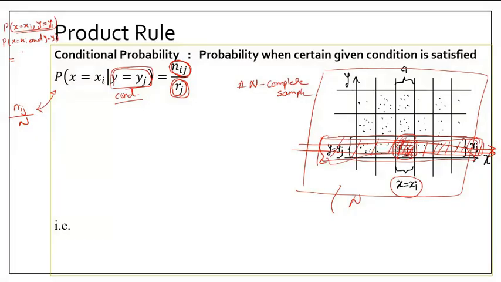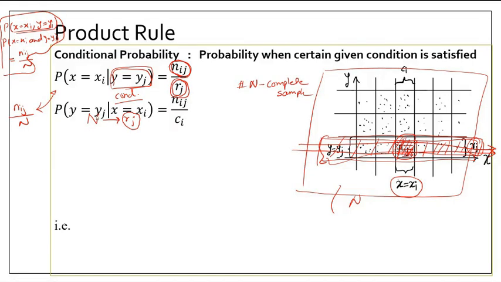Then I have nij by n. So this is a joint probability, whereas this is the conditional probability, where my domain is squeezed from n samples to rj samples. I am just interested in rj samples when I say conditional probability. That is the difference between joint probability and conditional probability.